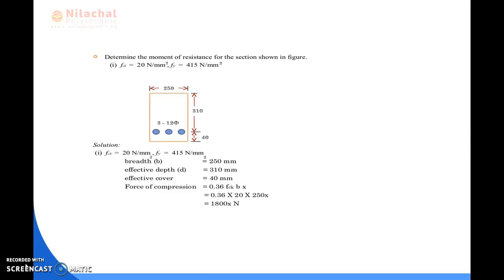In an over-reinforced section, the compression force is greater than the tension force, and in the balanced section, both steel and concrete reach their permissible values at the same time.